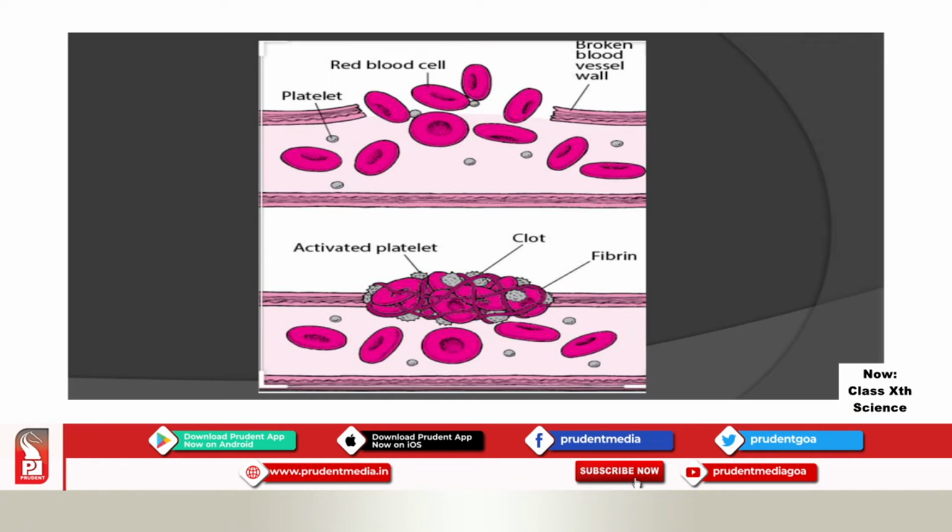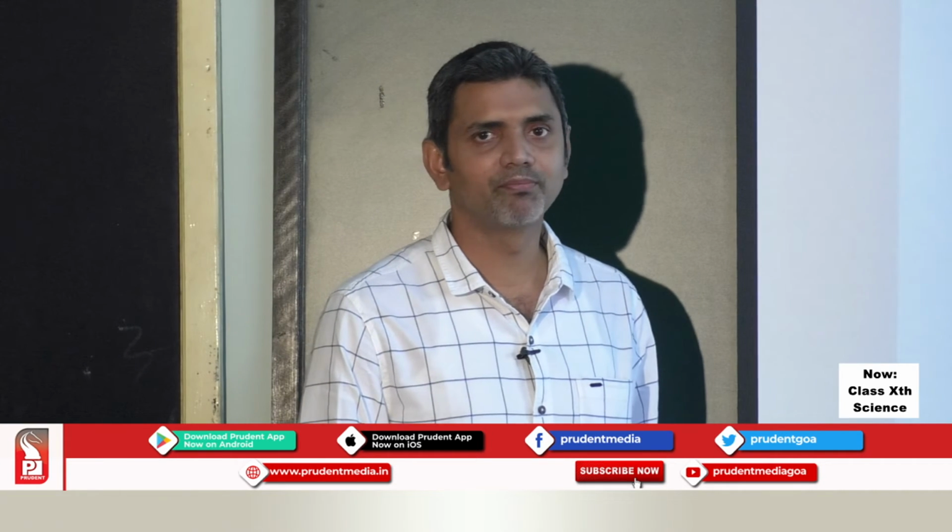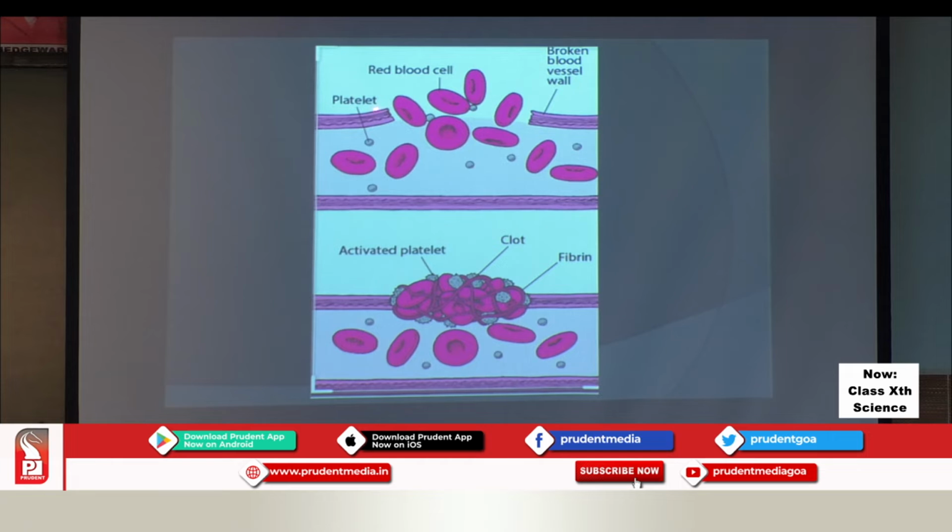So, when the blood vessel breaks, or when the wall of the blood vessel breaks, the blood will try to come out from this part. So, what will a platelet do? Platelet cells will clot the blood here.